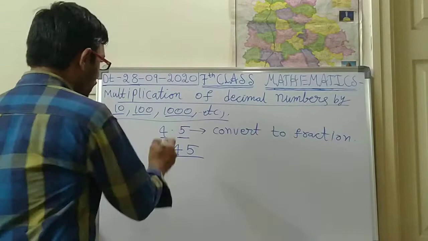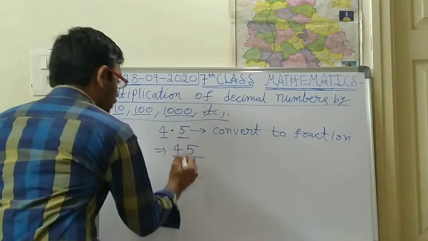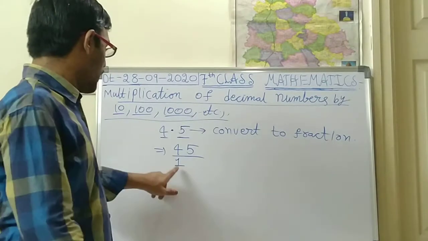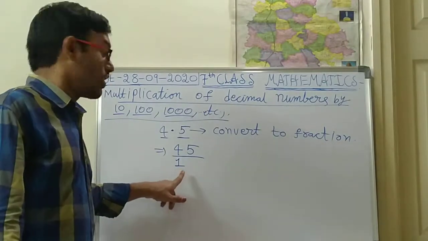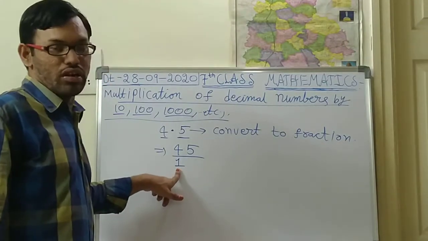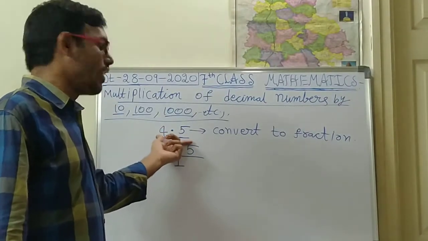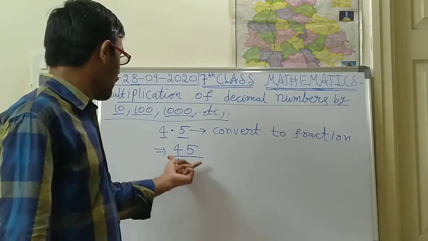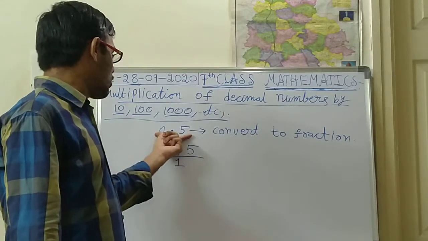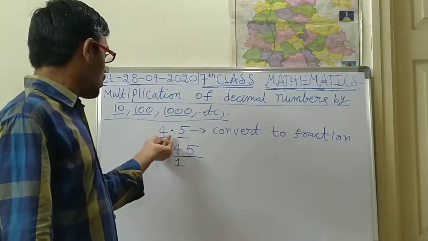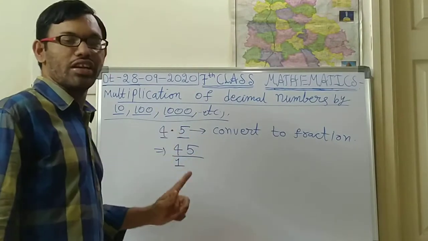While converting any decimal number into a fraction, the numerator should be the total number without the decimal point. So 45 you should write in the numerator.